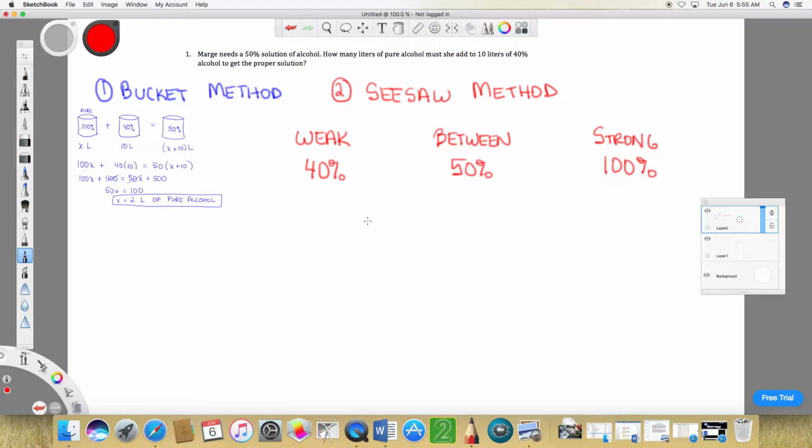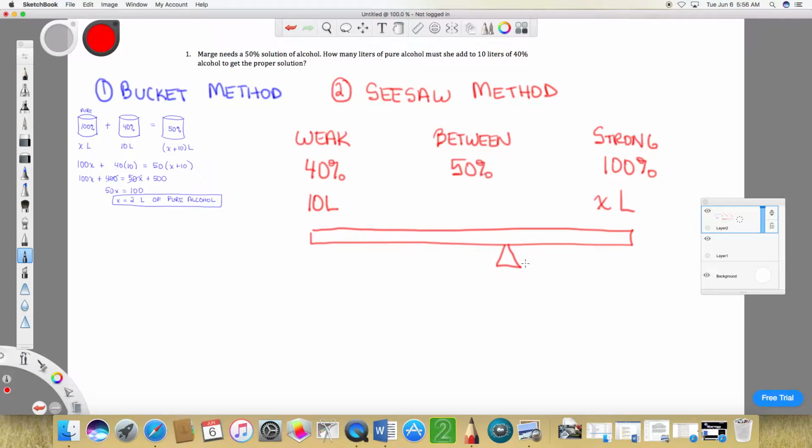Now we want the volume of the ones on the outer ends, the volume of the weak and the volume of the strong. The volume of the weak, they told us, was 10 liters, and the volume of the strong is what we're trying to figure out, the amount of pure alcohol. If we think of this seesaw method with our fulcrum, we know there's the idea of weight times distance is equal to weight times distance.